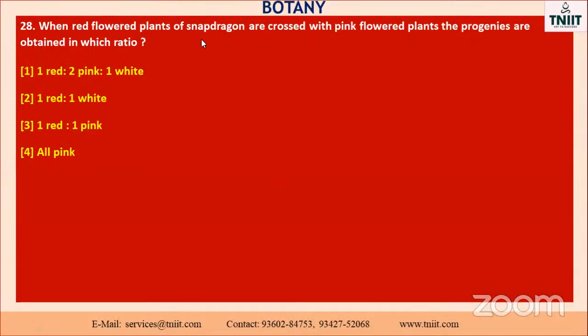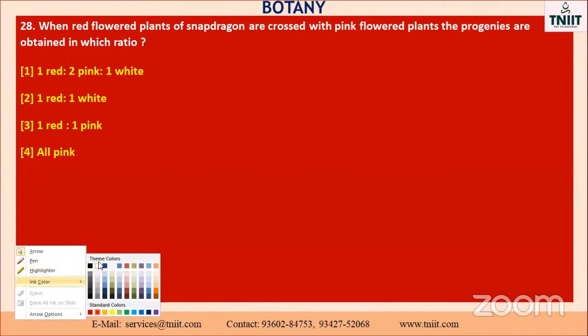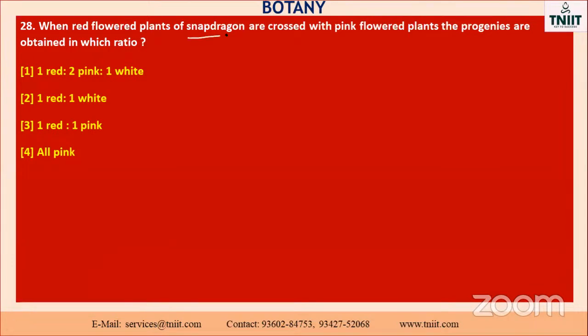When the red flower plants of snapdragon are crossed with the pink, so here, red flower crossed with pink. This one is considered pink, this one is called red. The progeny are obtained in which ratio?